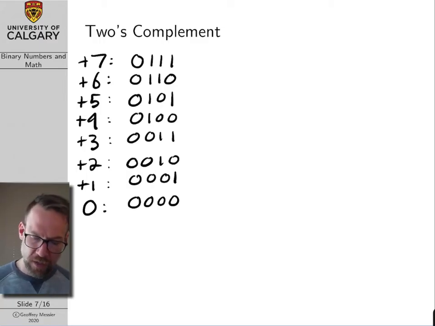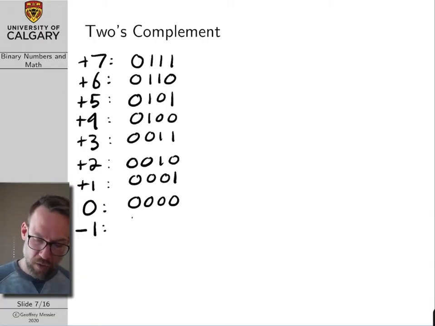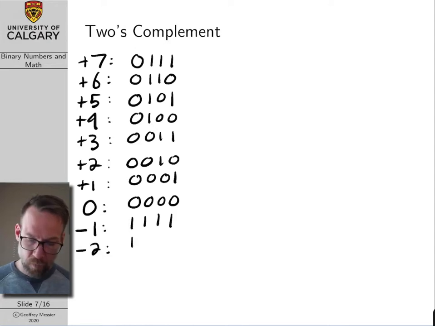But what happens now when we wrap around and we want to represent our first negative number, -1? -1 is actually all ones. -2 is 1, 1, 1, 0. -3 is 1, 1, 0, 1.